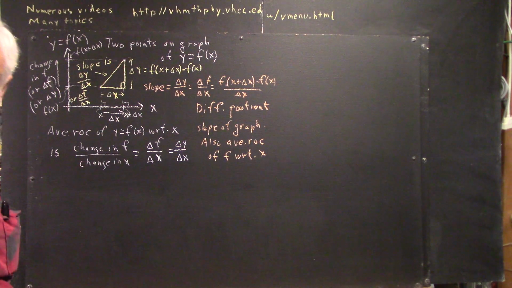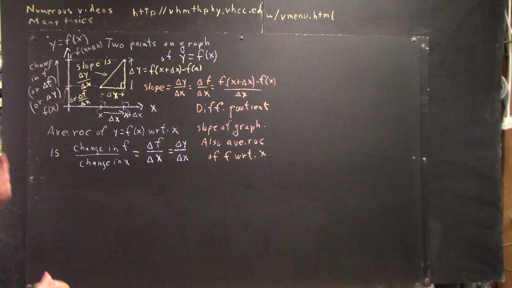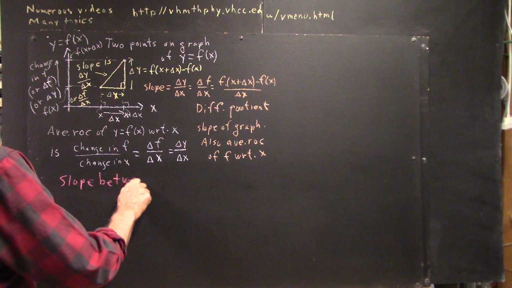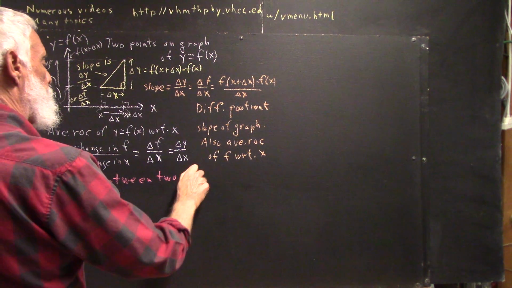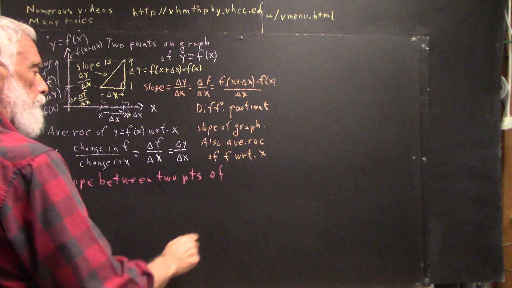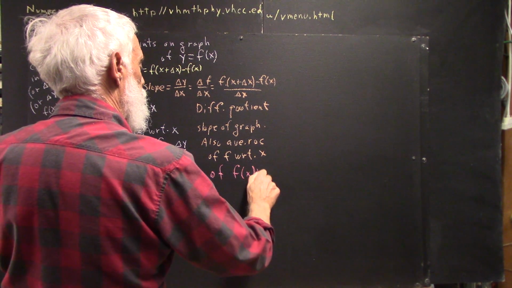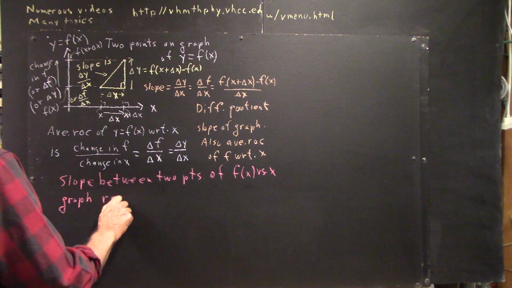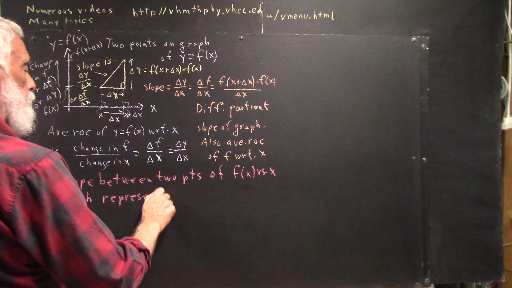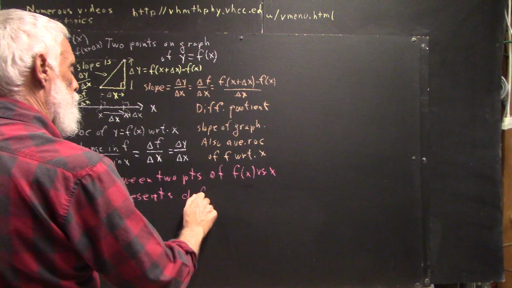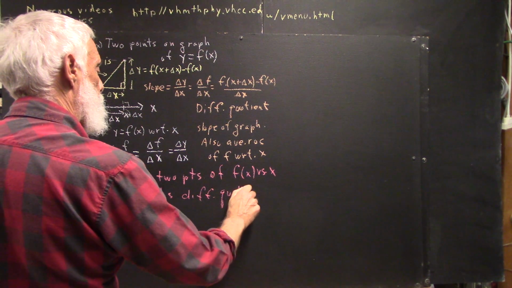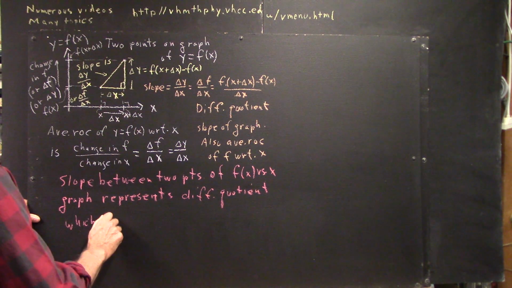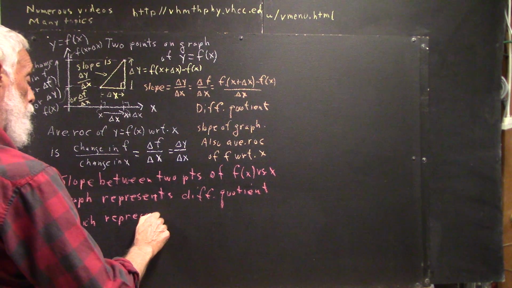So our conclusion, and it's a big deal: slope between 2 points of the f of x versus x graph represents the difference quotient, which in turn represents what?